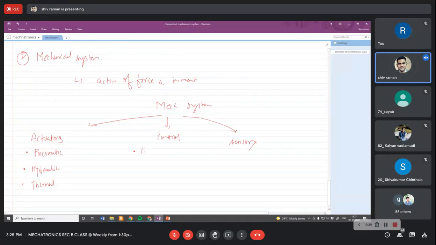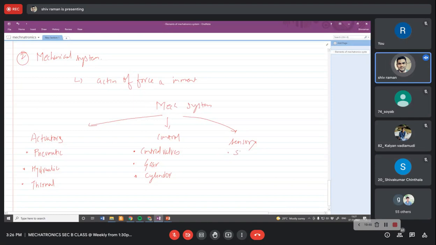In mechanical systems, the controls are control valves, gears to speed down or speed up, and then you have the piston cylinder assembly.